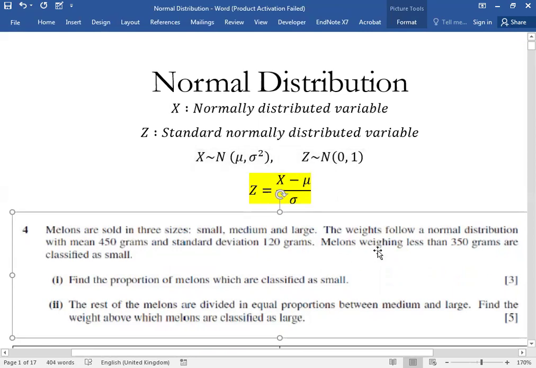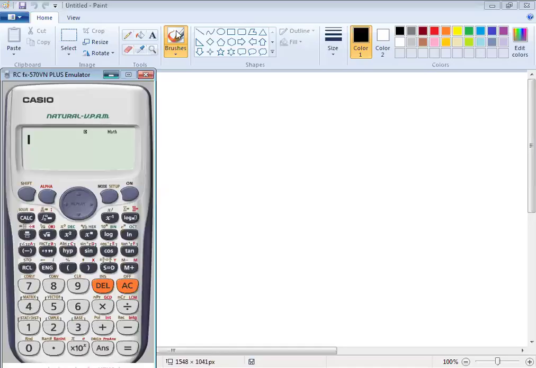Now what is the question? Melons weighing less than 350 grams are classified as small. How will we approach this? Understand this, children. How do you approach this?